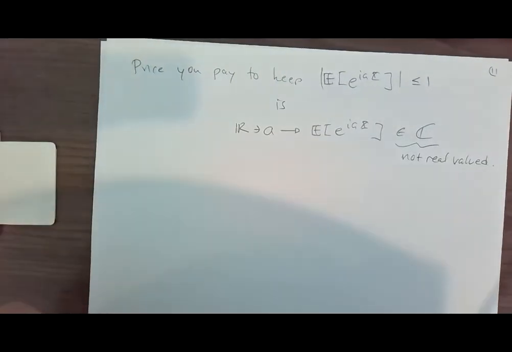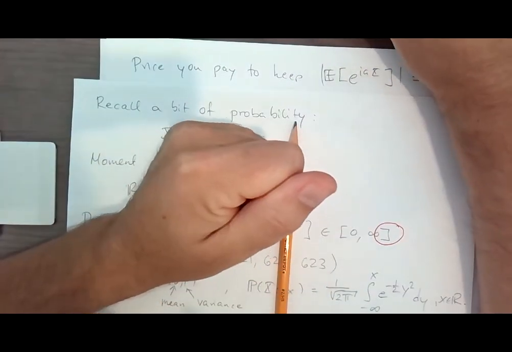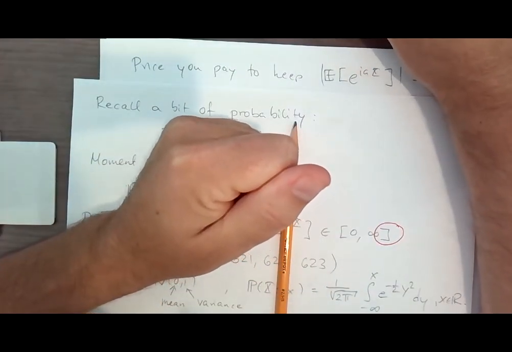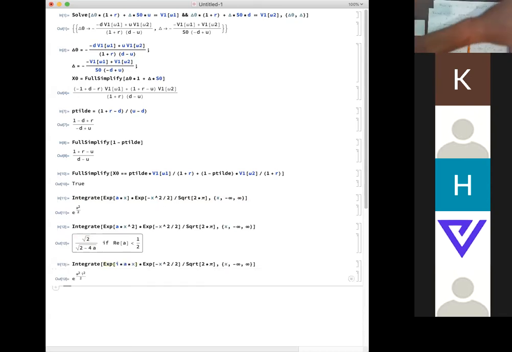But okay, I'm hoping we can work with complex numbers as well. And maybe we should just return to Mathematica and try to compute these expressions, but for the characteristic function. So here we were integrating this expression. So let me see, I think it's I. Is that the right one? No, that's not the one. So capital I. So there you go.